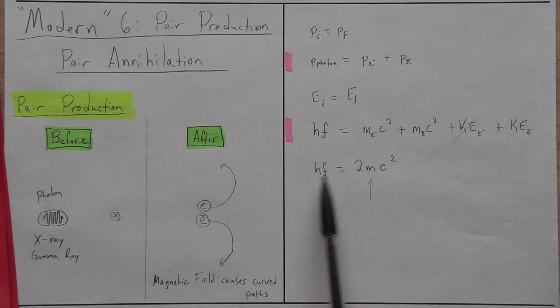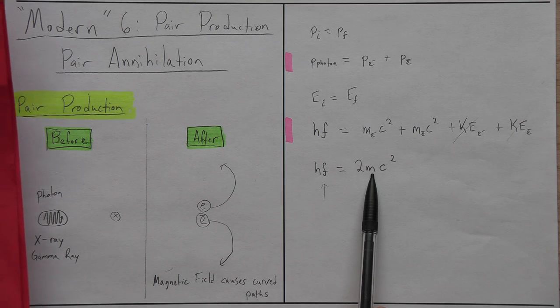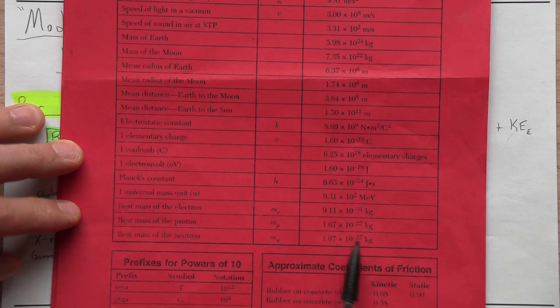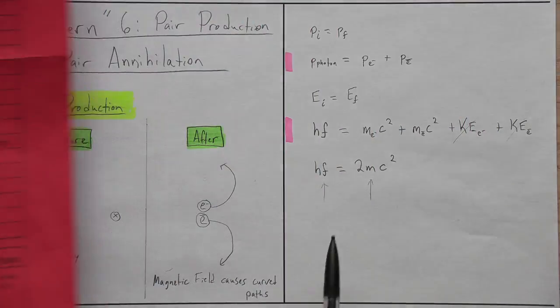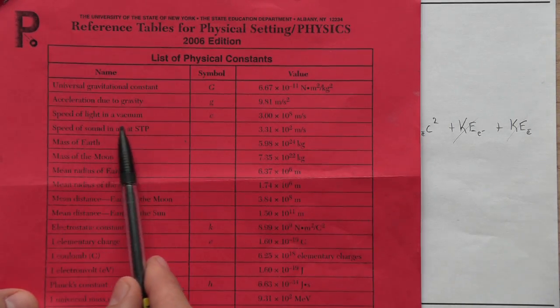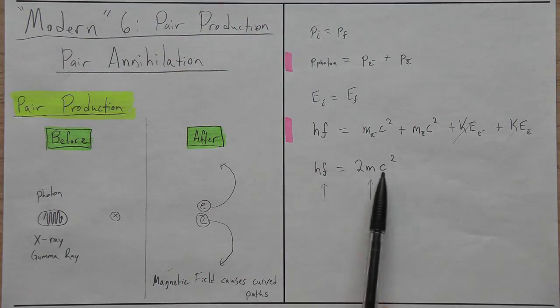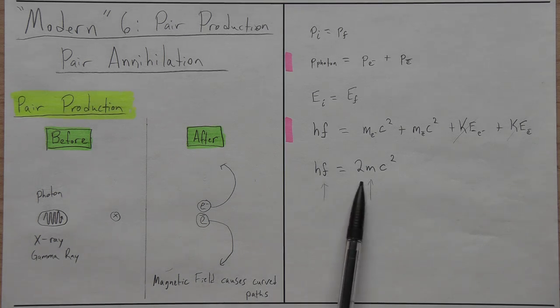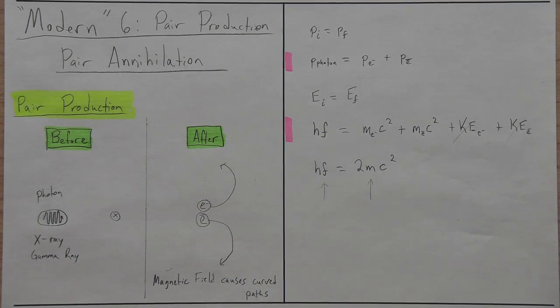And then the mass of the electron and positron, well, you look up the rest mass of an electron, 9.11 times 10 to the minus 31, and you plug that in there. Speed of light, that's right here on the reference table, 3 times 10 to the 8th, and you could solve for the frequency necessary to produce an electron and a positron. So that's it. You just need a high enough frequency of X-ray or gamma ray to produce a certain subatomic particle, proton, electron, or neutron.